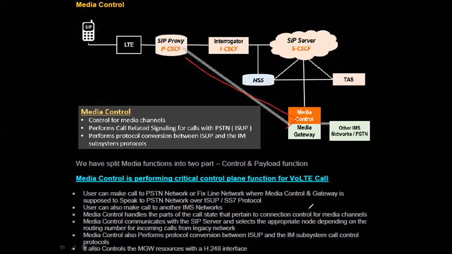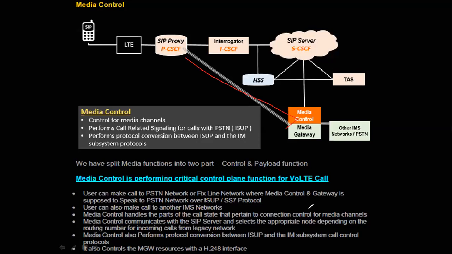Whatever your traffic is, you may want to communicate with the PSTN. As I told you, the PSTN is nothing but your landline. The PSTN is the core network for the landline, or other IMS communication. So P-CSCF is directly connected with the media controller or media gateway.